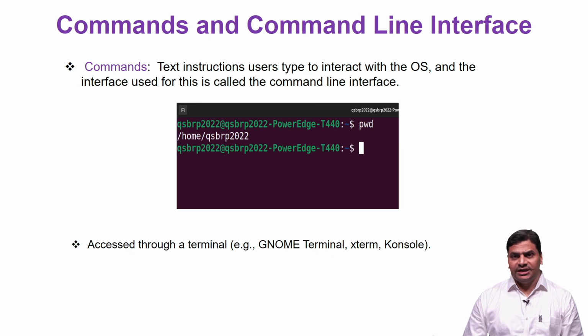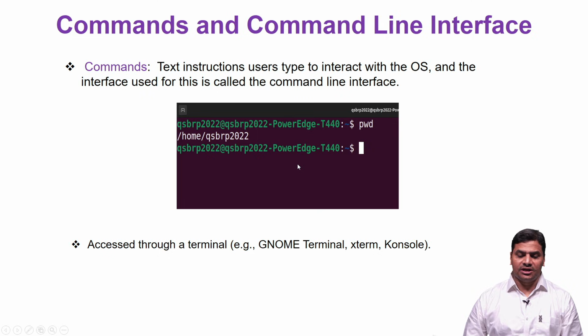Now let me tell you what a command and the command line interface are. When somebody says go to the terminal and write a command, we mean going to this kind of window, which is called the terminal, where we can write Linux commands.